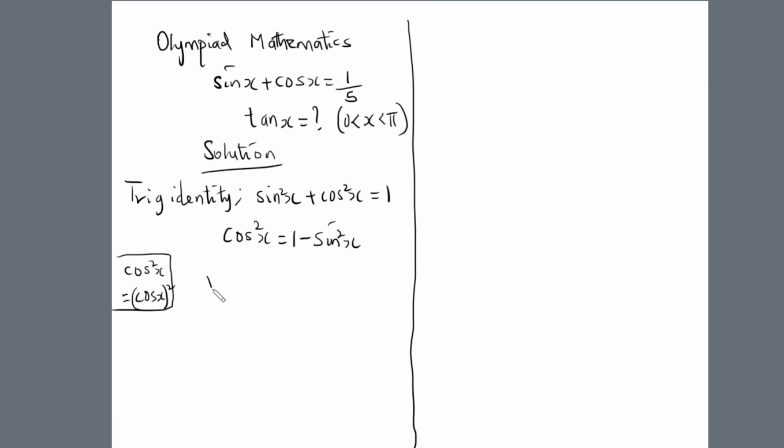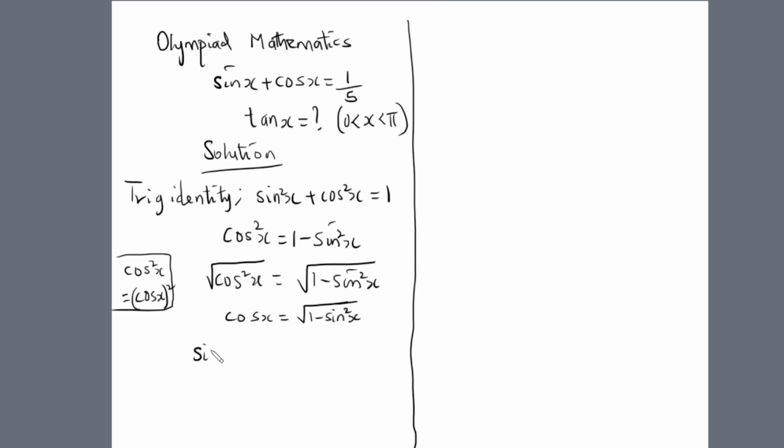We'll have the square root of cos squared x equal to the square root of 1 minus sine squared x, and it means that cos x is equal to the square root of 1 minus sine squared x. If this is the case, I can come back to my question, which says sin x plus cos x, and replace cos x with the square root of 1 minus sine squared x.